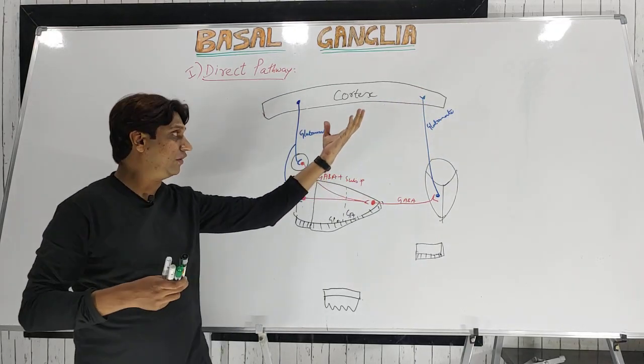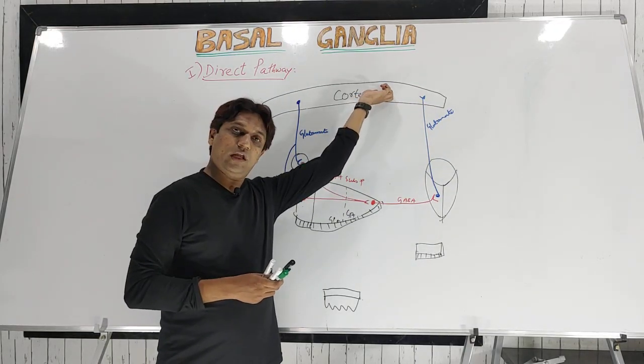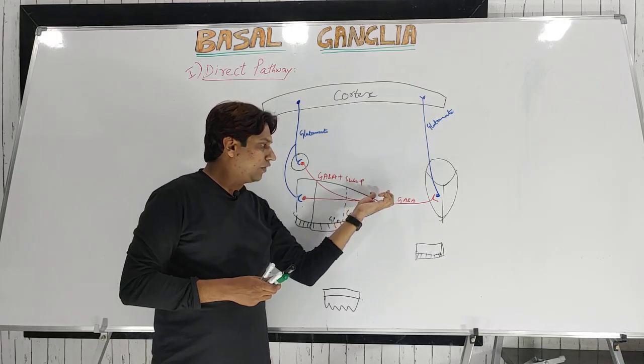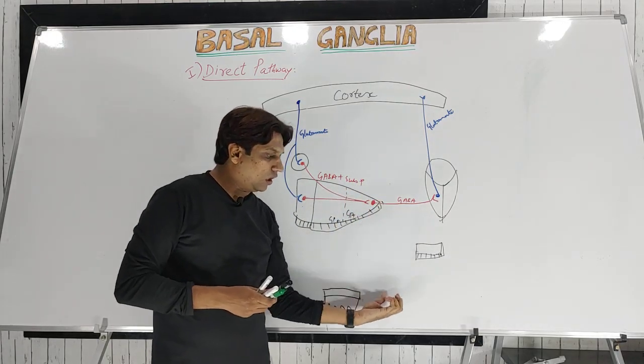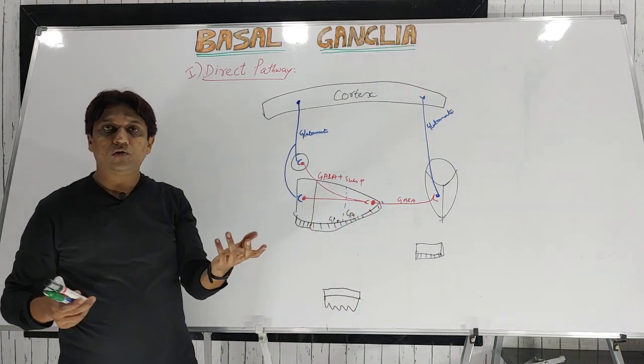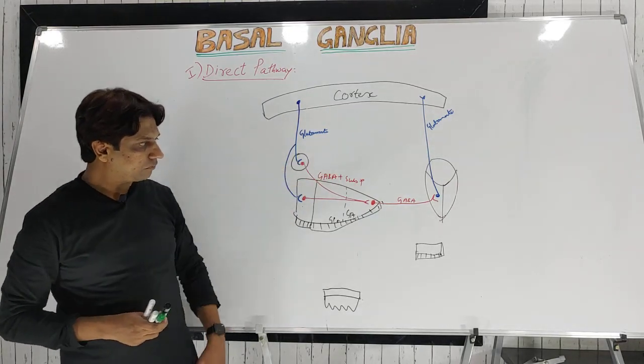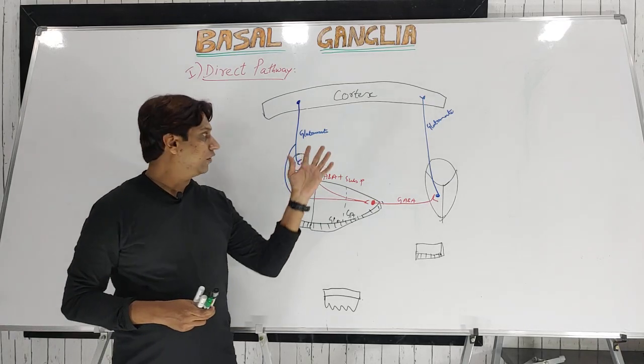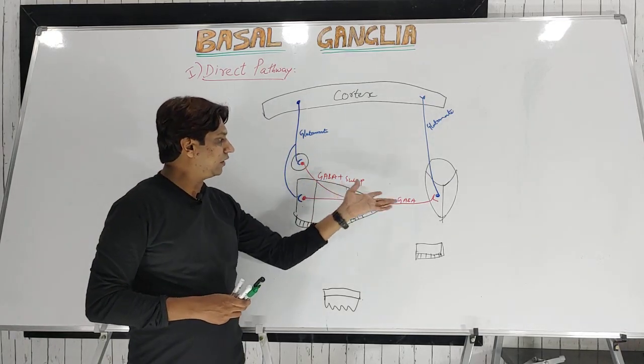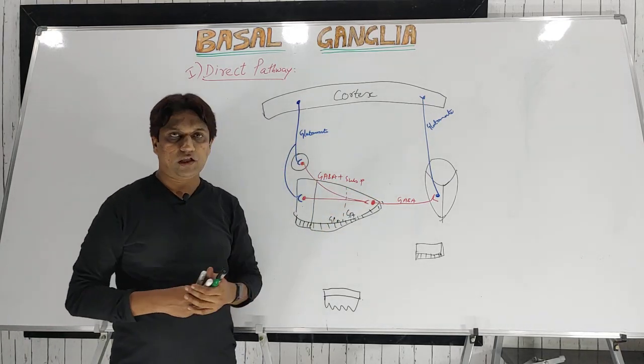We'll discuss that in the functions. That input finally goes through the cerebral cortex to the descending tracts and finally to the lower motor neurons and the muscles. Okay, now how exactly do these neurotransmitters help in transmission in the direct pathway?